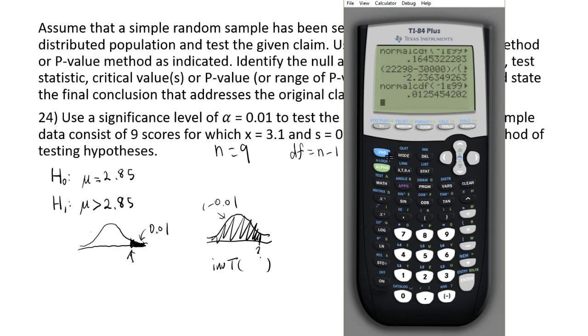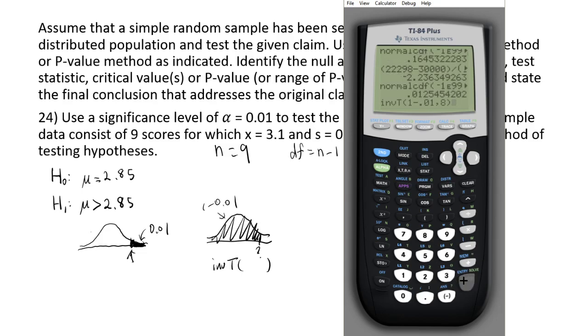Okay, on second vars, and then you do inverse t. The area that we want is 1 minus 0.01, and then the degrees of freedom in our case would be 9 minus 1, which is 8.